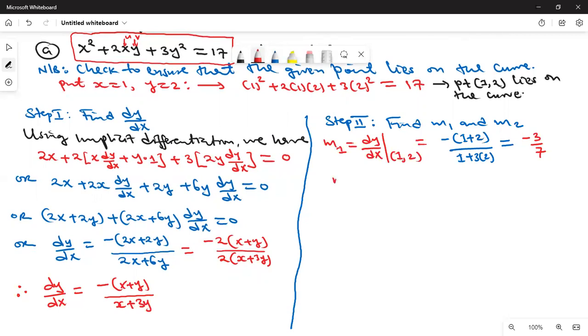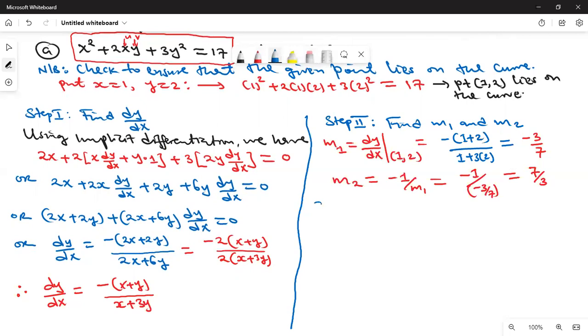What about M2? M2 is equal to negative 1 over M1. So that will give us negative 1 over negative 3 over 7, and so that will give us 7 over 3. Now we know the slopes of the tangent and normal line.